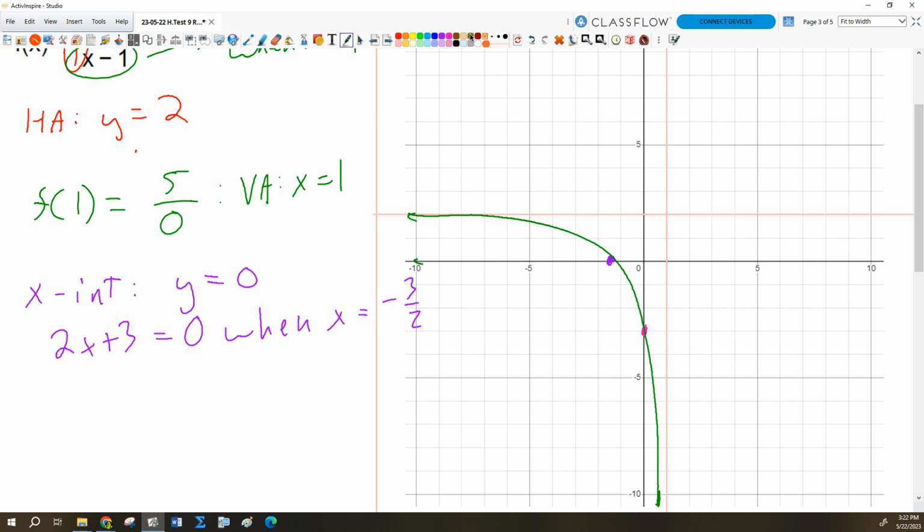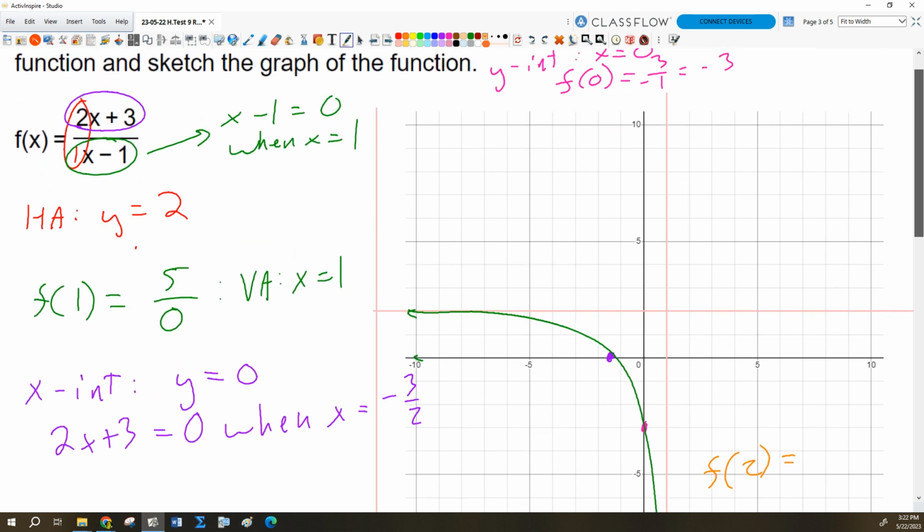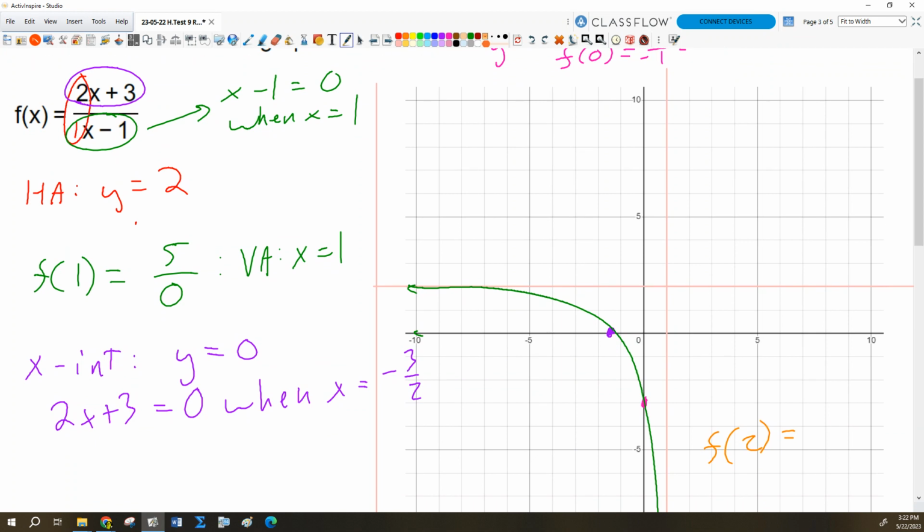Well, I'm hearing lots of numbers. So x equals 0 is not going to help me for the right side. 2 would be a good one. Yeah, 2 is a good choice. Let's try that. So if we plug 2 into the function, what do I get on top? 7.